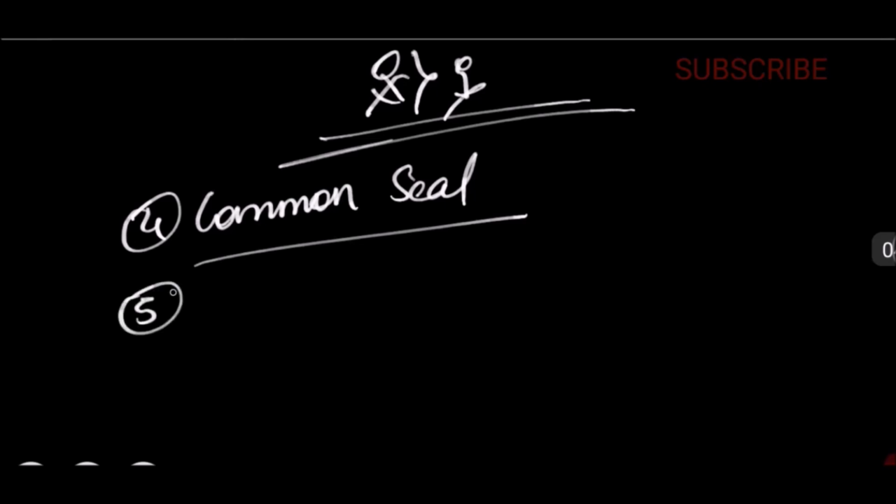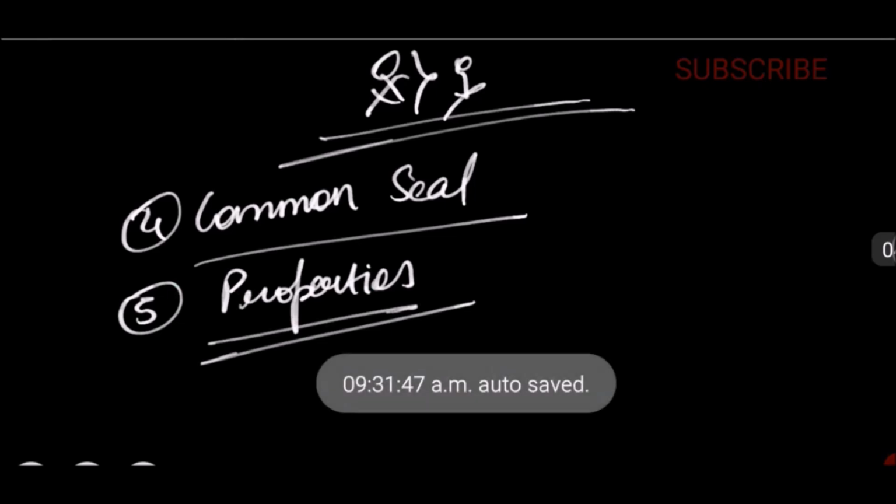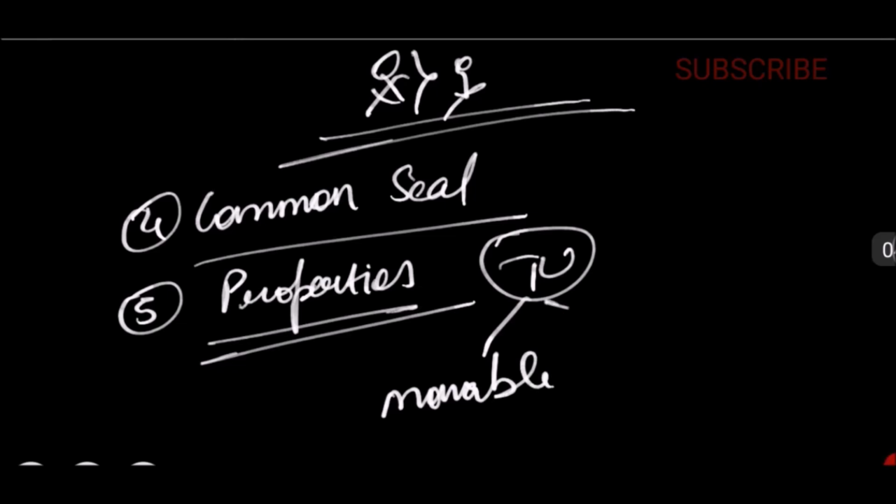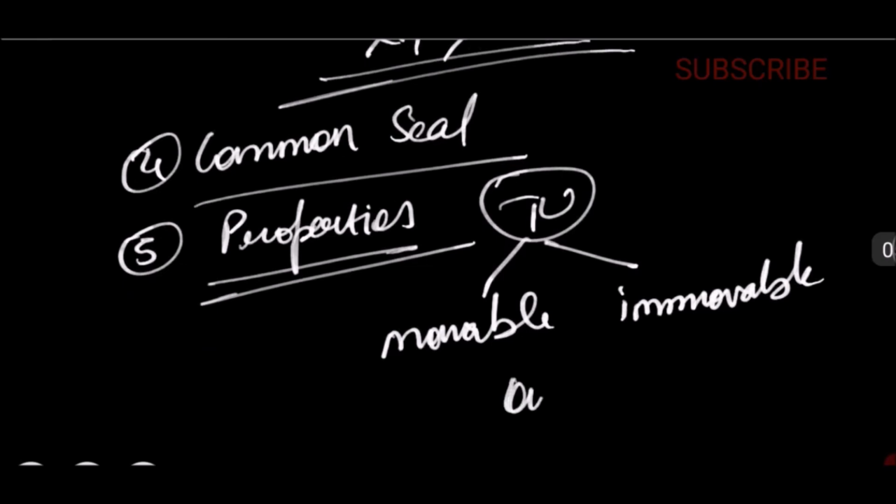Fifth point, acquisition of properties. A registered trade union can purchase movable or immovable properties in its own name.